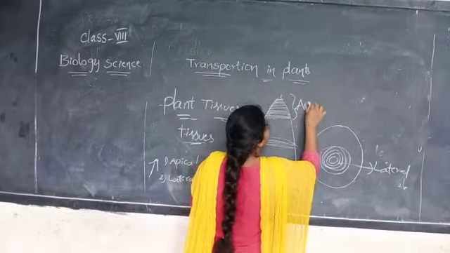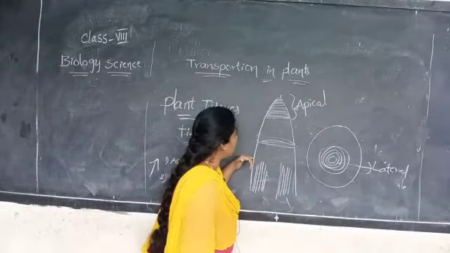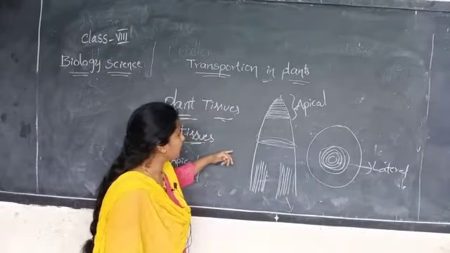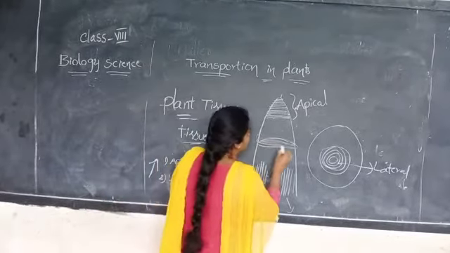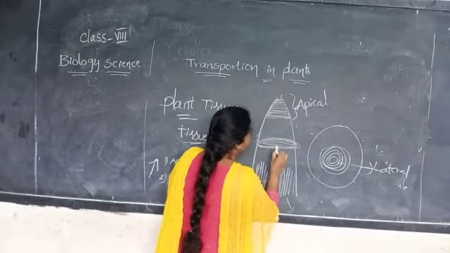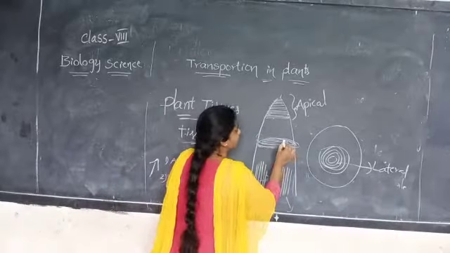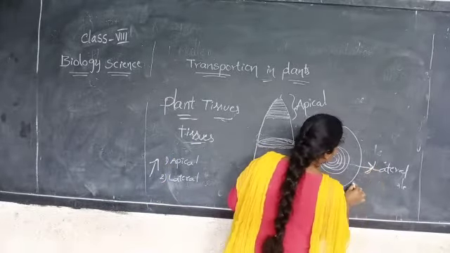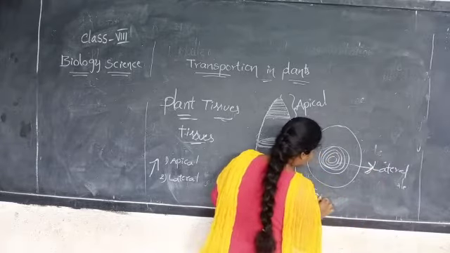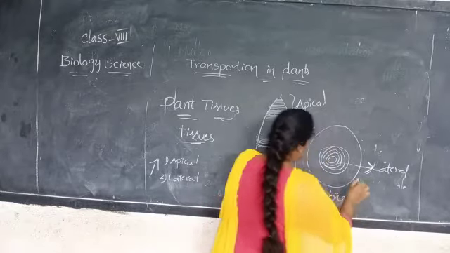Why? Because growth takes place here. Whereas in lateral meristematic tissue, the growth occurs in the thickness of the plant. It is also called cambium.